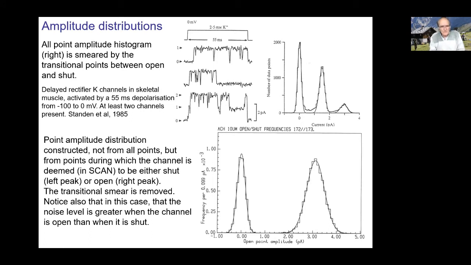And so you can exclude all the points from the time when it's going from shut to open. And that gives you a much cleaner histogram. You can also see that in this particular case, the channel is noisier when it's open than when it's shut. This is an interesting phenomenon that's often been observed to various extents.